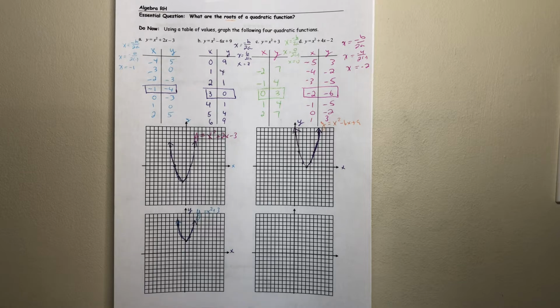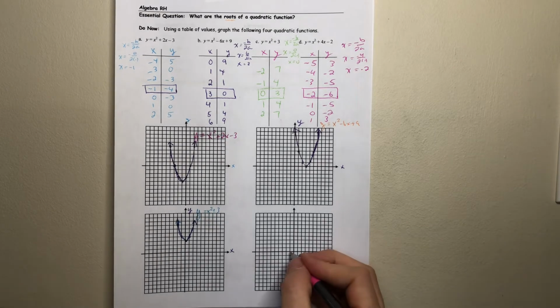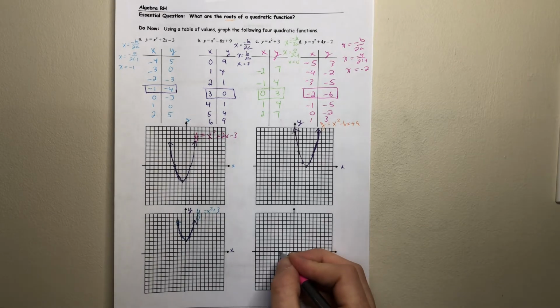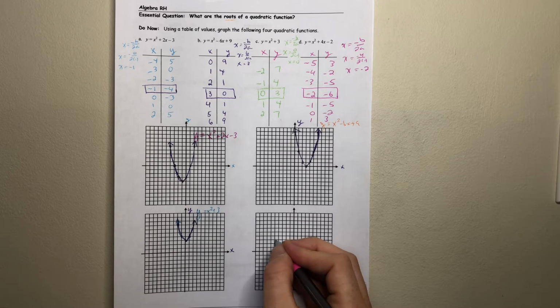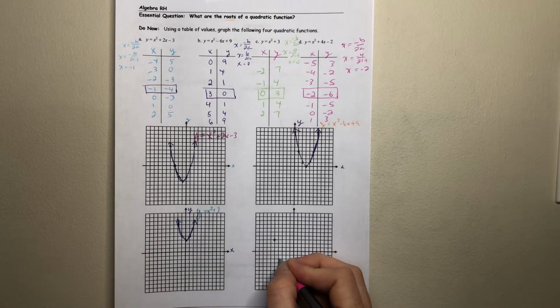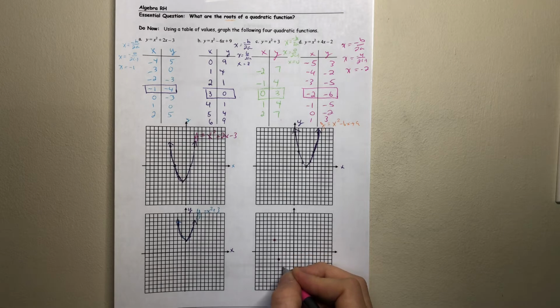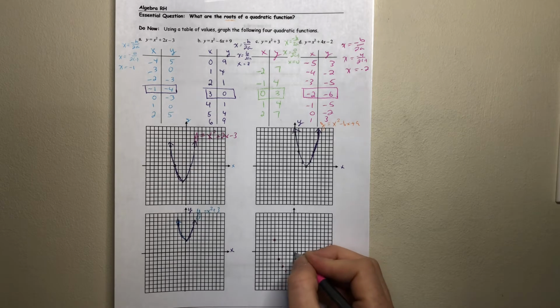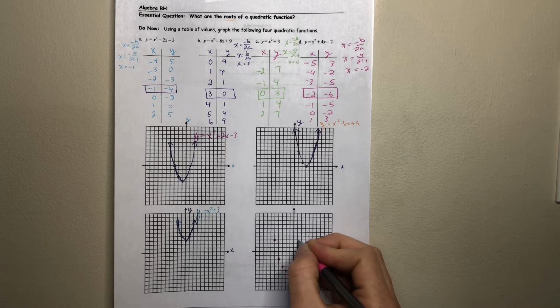So let's plot those together. If you haven't done so already, we have negative 5. And then we're going to go up to 3. Negative 4, negative 2, negative 3, negative 5, negative 2, negative 6, negative 1, negative 5, 0, negative 2, and 1, comma 3.